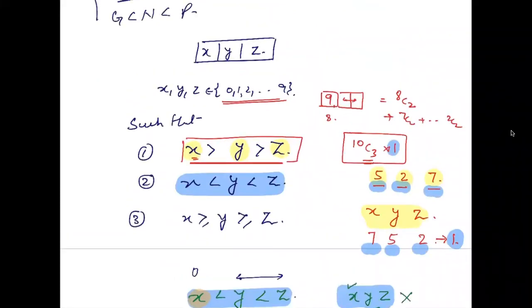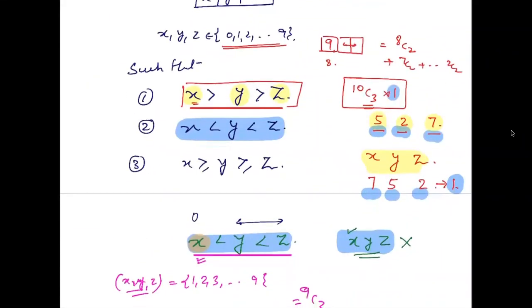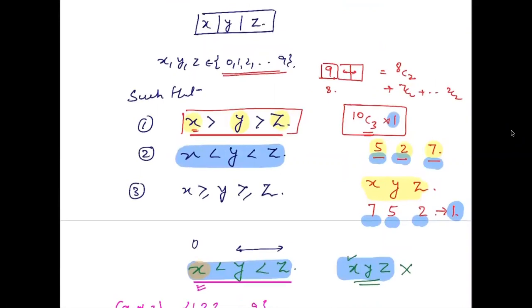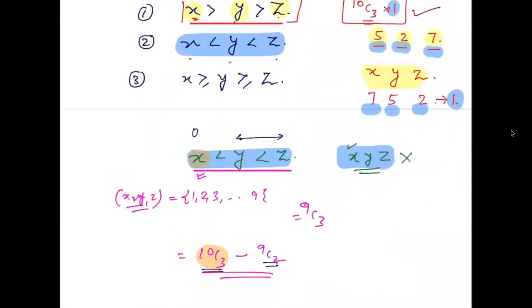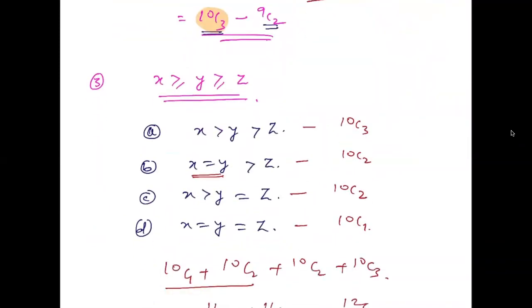So one by one you can see three different questions were there. First question, when x greater than y greater than z, directly you are getting 10C3. Arrangement will be one way. X less than y less than z: zero we cannot take, so the answer is 9C3. Without zero, we have to select all the numbers. And the third one, when more than two cases are involved, like first case x greater than y greater than z, and second case x is equal to y, and so on.